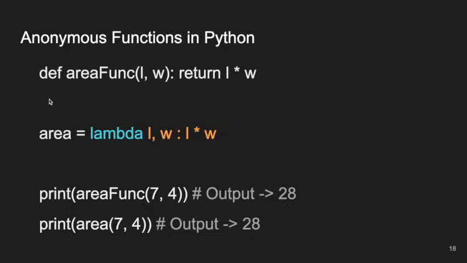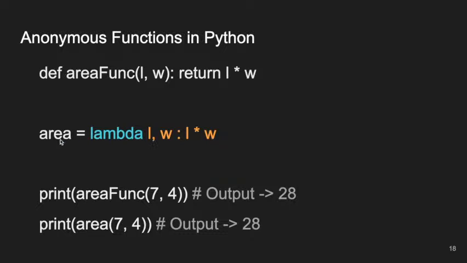If you are writing an anonymous function which is similar to this, what you can do is you have a variable, then you assign it, and then you use the keyword lambda. When Python sees this keyword lambda, it knows that you are trying to declare an anonymous function. So we can have lambda, then you pass your parameters, and then after the colon you write what your function would do.